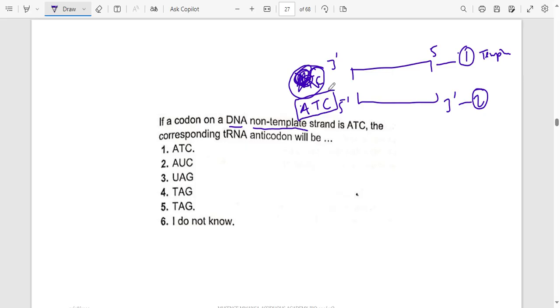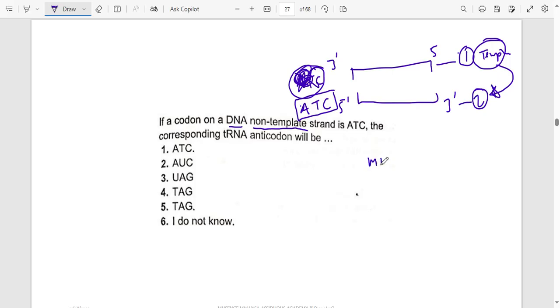So what you need to know is this: for the non-template strand, the same way it is, that's how the mRNA is going to be. Remember, the template strand is complementary to both the non-template strand and the mRNA that you are going to be forming.